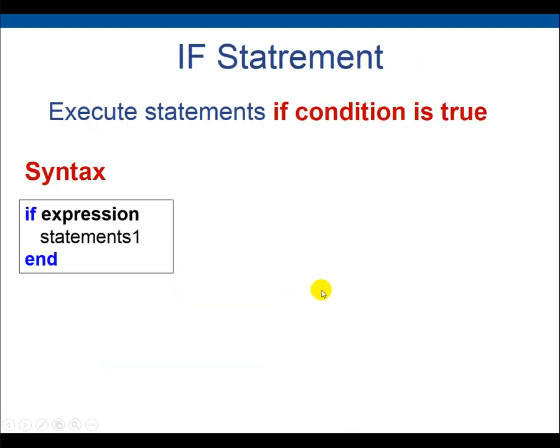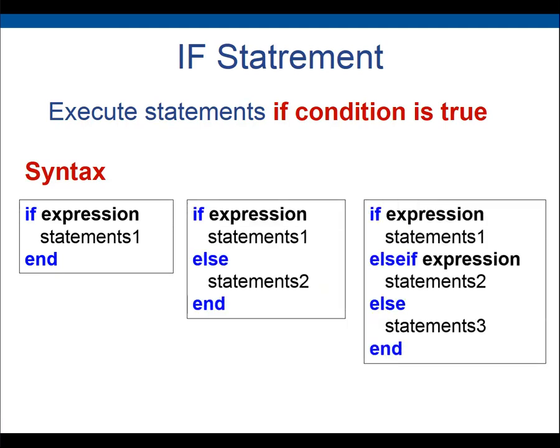Alright, let's go to the if statement. Here we have the if statement. Let's look at the last one only. We reviewed last time what the if statement is. So here we have if and the expression. If this expression is true, then the statement will show up and it's done.